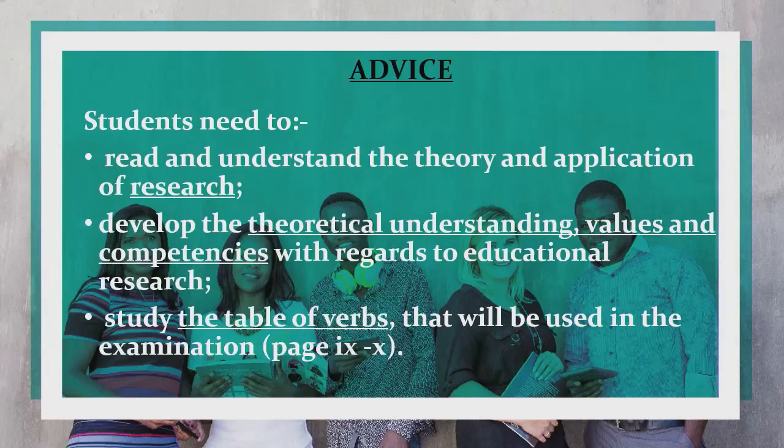And as I said earlier, you need to study the table of verbs that will be used in the examination as well as in your assignment, and those verbs are on page 9 up to page 10. So go through the verbs and try to understand what is expected should you be given a question with any of those verbs.